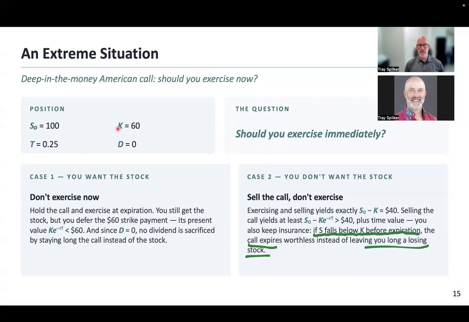Then over the next 3 months, I see the stock fall from $100 down to $25 while I'm holding the stock. So not only am I out of money, I've lost money on the position, the difference between 60 and $25. If I'm just holding the option, it just expires worthless. No big deal, I just lose the premium that I paid for it.